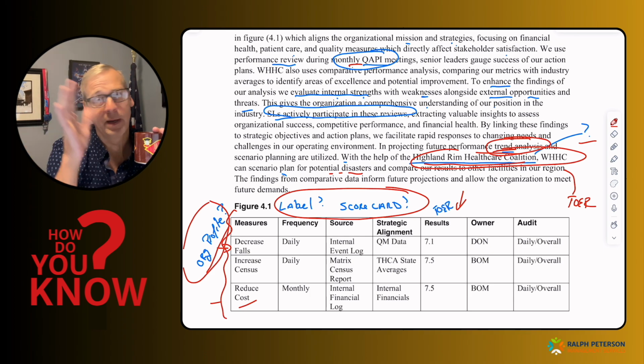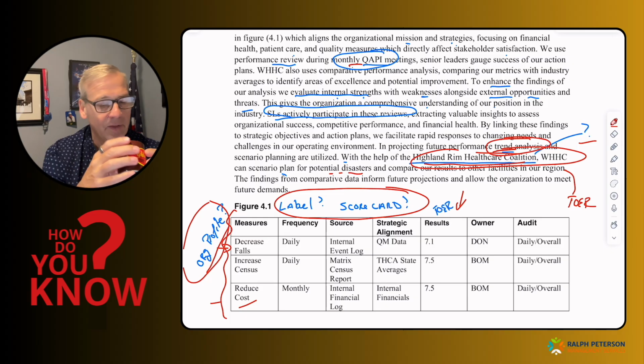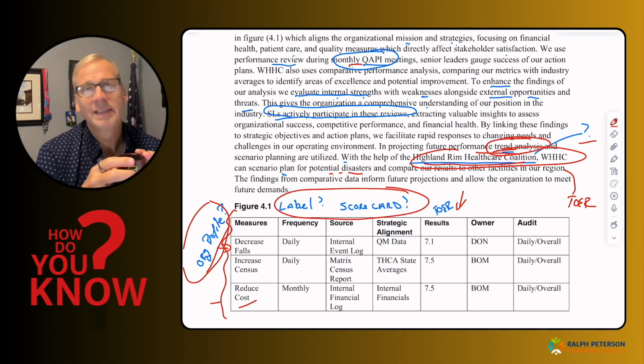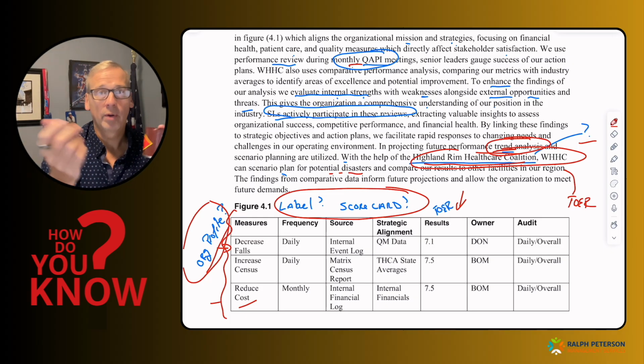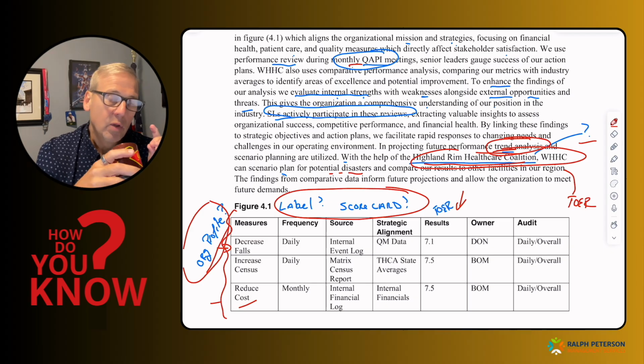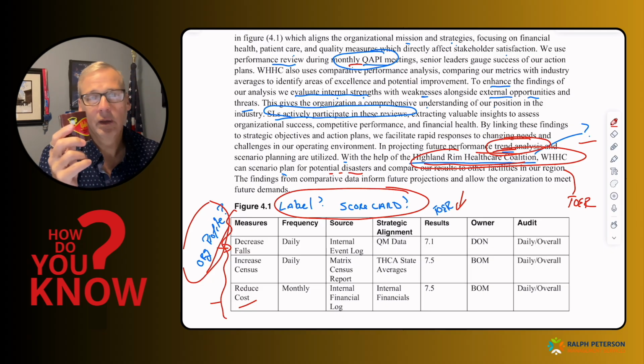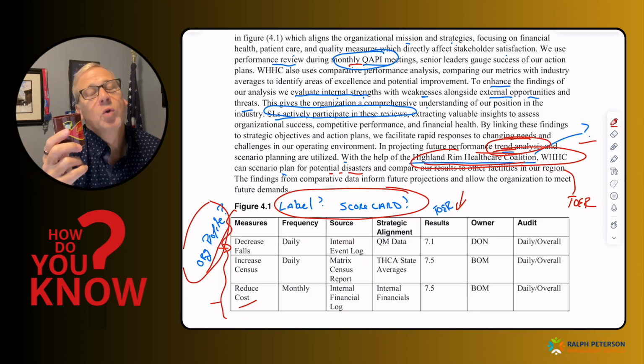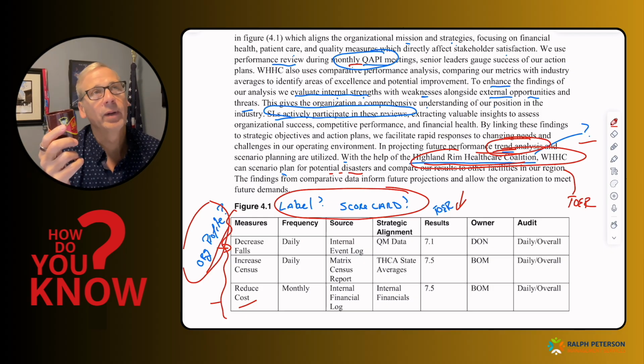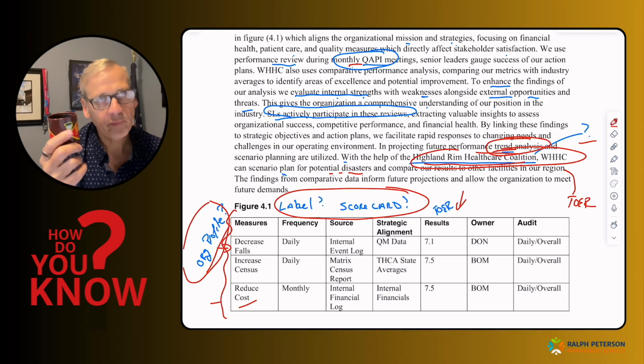I usually do Monopoly or Yahtzee or something, because we're always talking about how to design a work process.